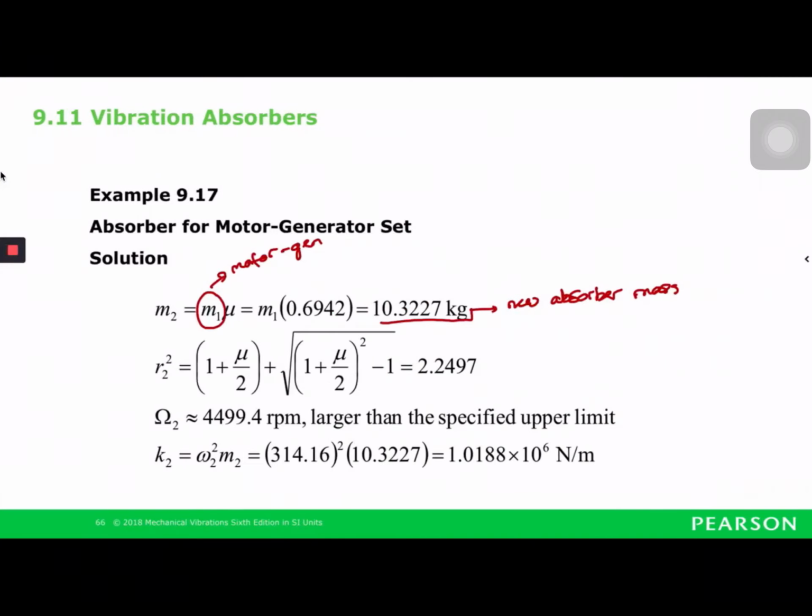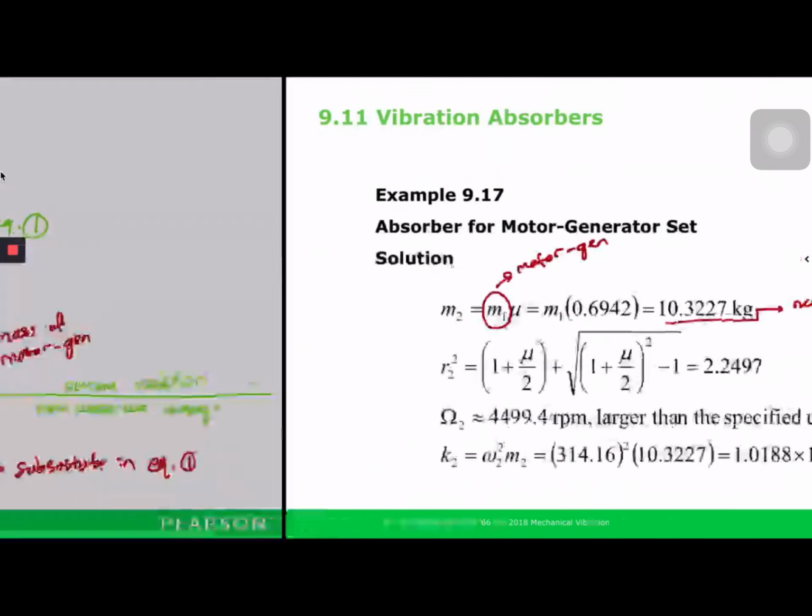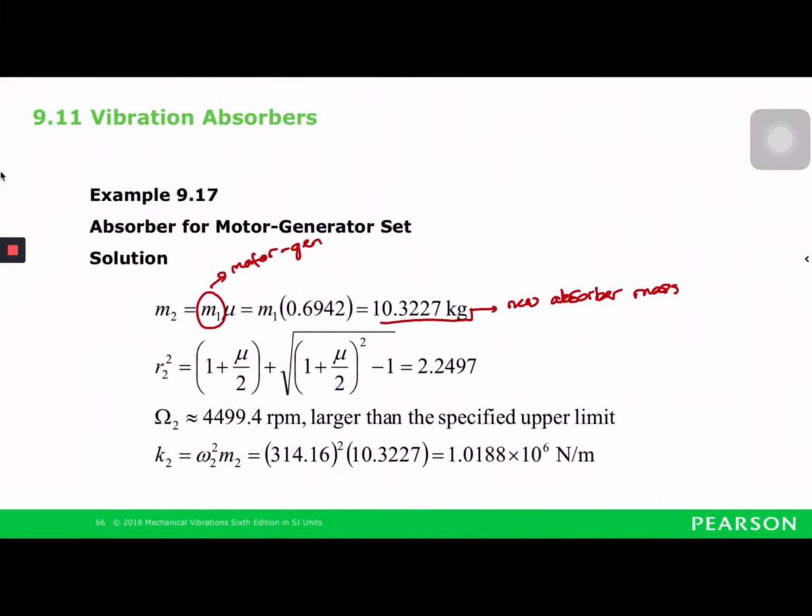Omega 2 is still the same, 3000 rpm. So using those values, in the end we will get capital omega 2 as 4499.4 rpm, which is around 500 rpm more than the operating condition, which is 4000 rpm. So in this case we can use this mass.